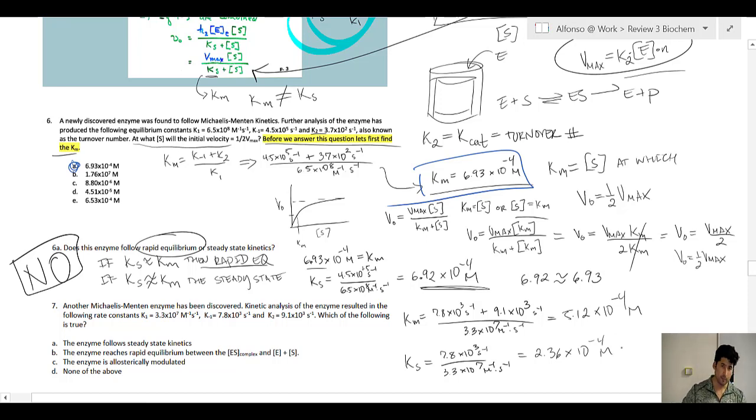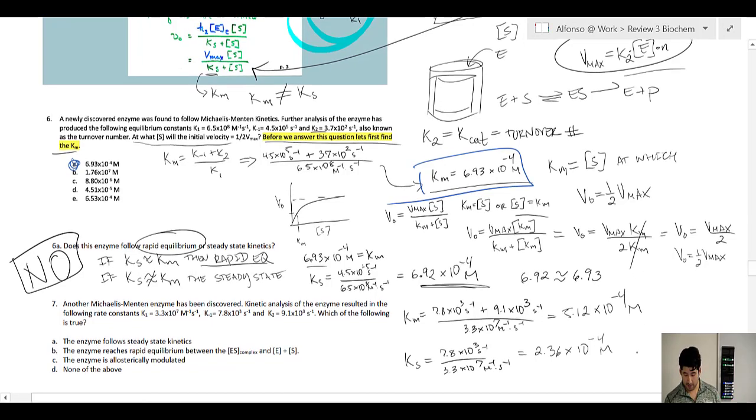So are Ks and Km approximately equal? No, they are not. 5.12 and 2.36 are definitely not approximately equal. They're both in the 10 to the negative 4th region, but 2.36 is not approximately equal to 5.12.